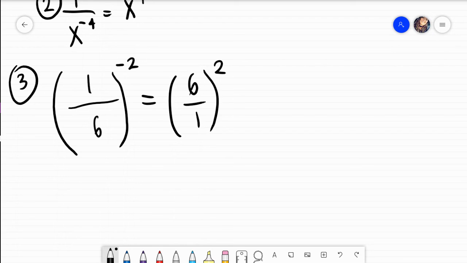Now we would look at this problem and think of that power rule. Everything in the top would get this power and everything in the bottom would get the power. So 6 squared over 1 squared, that would just be 36. Is that good? I'm trying to think if I've got another example. No, that looks about it.